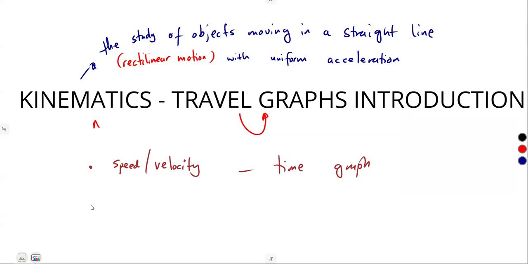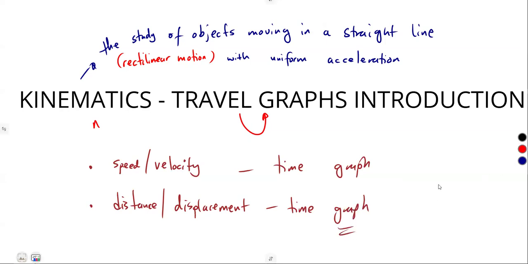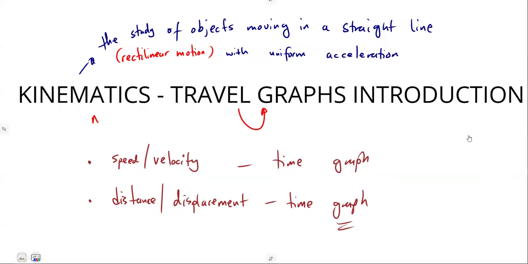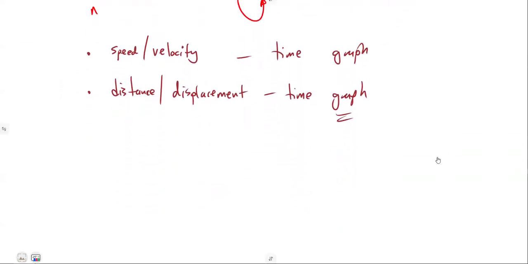And also, you must understand the distance or what? The displacement time graph. So this is the major concept that you are going to need in the calculations later on. But like I said, this is an introduction where I'm just going to give you the basics of what you need in your syllabus.